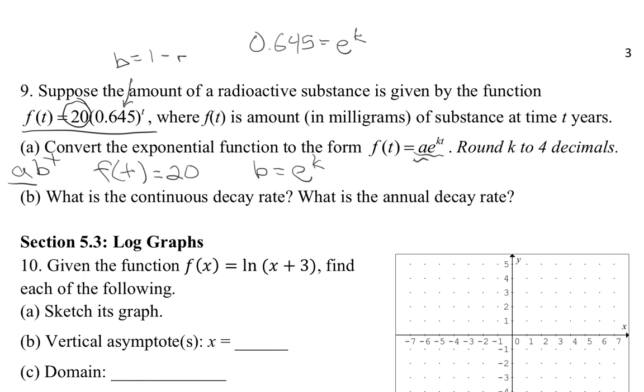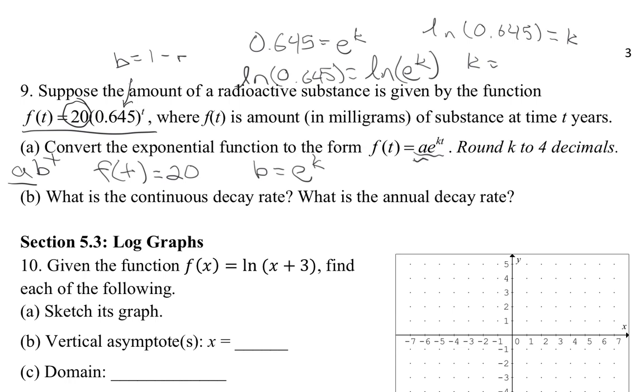Okay? So now we need to take the natural log of both sides to get rid of the e. So this becomes natural log of 0.645 equals k. Now it says to round k to 4 decimals. Let me plug this into my calculator real quick.